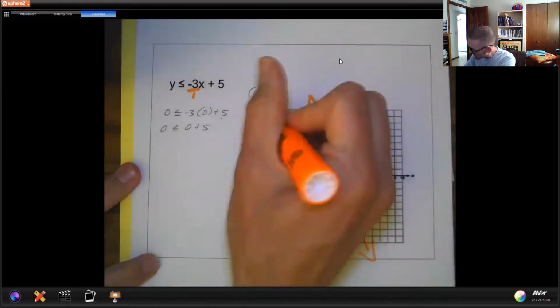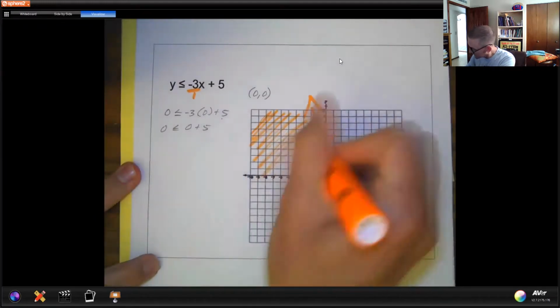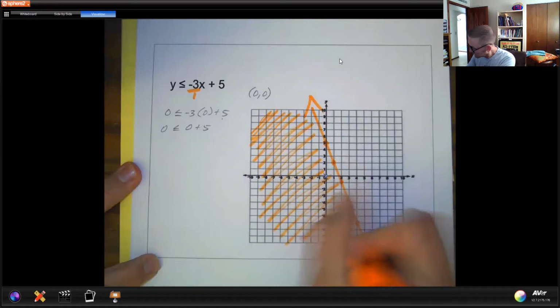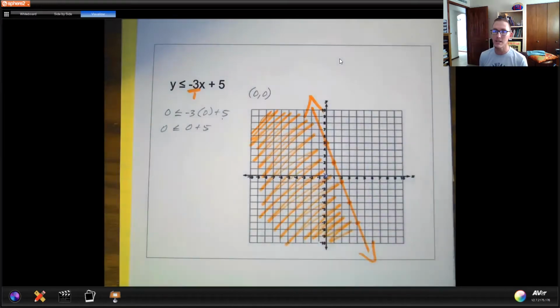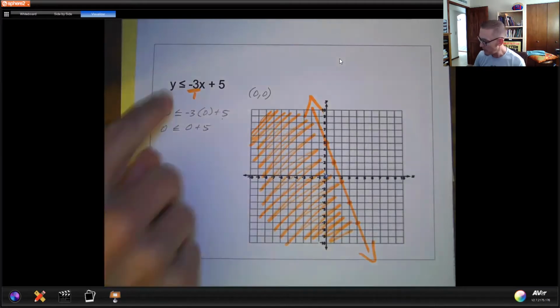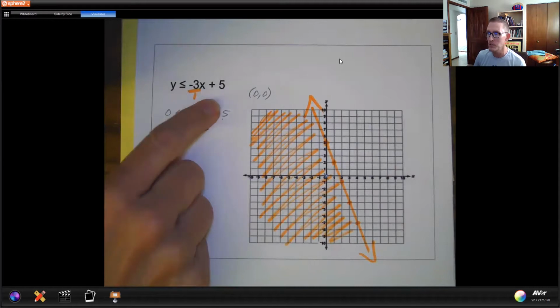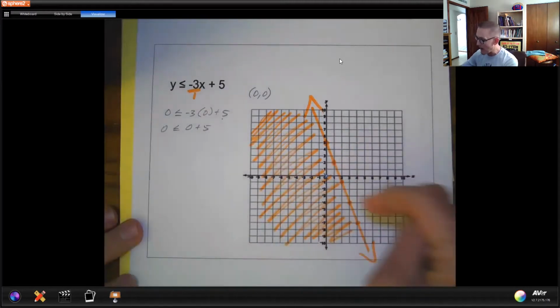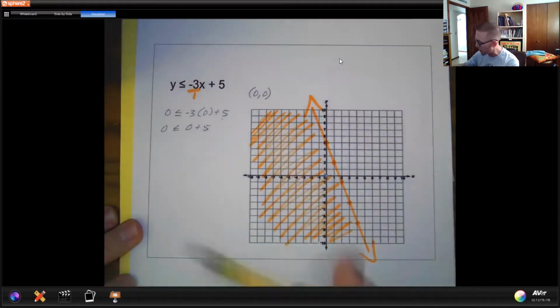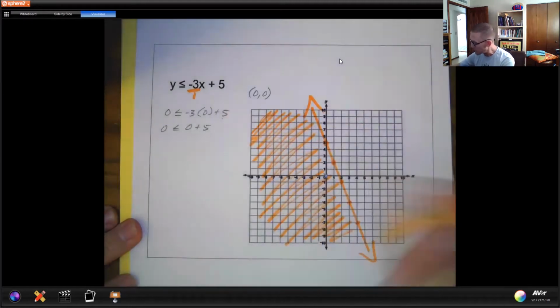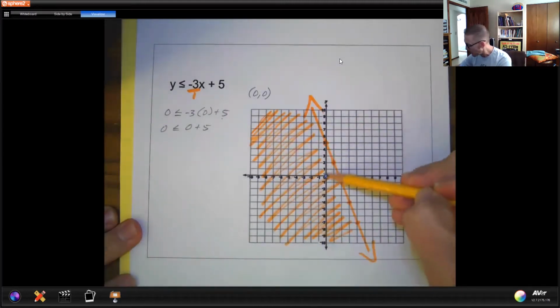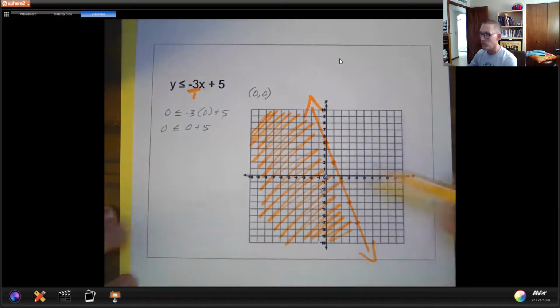So that means I'm shading that side of the line because that's where (0, 0) was located. And if we think about it, y is less than or equal to this. So where are all the y values smaller? As I go down. So you'll notice everything below the line on this one. So you can go above or below the line, or you can pick a point to test it.